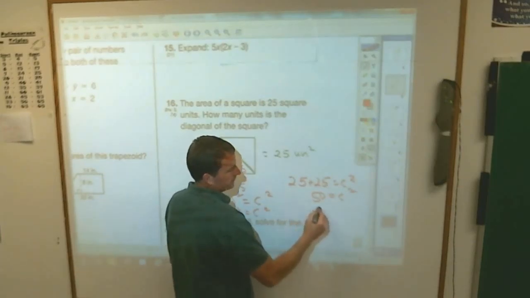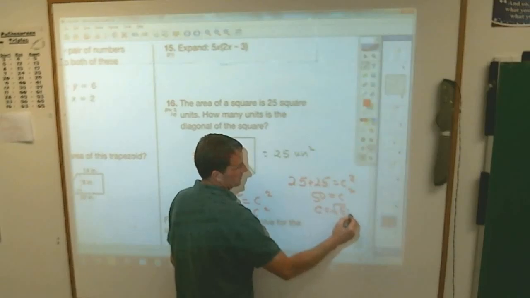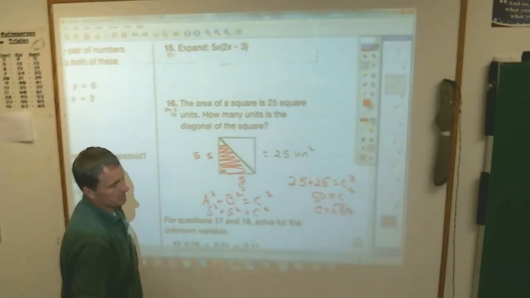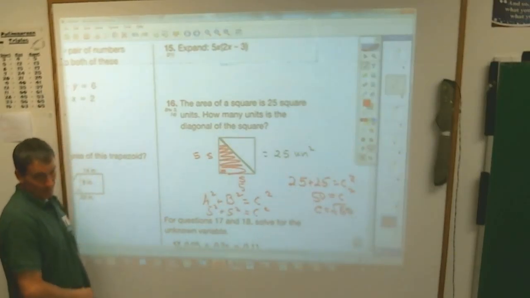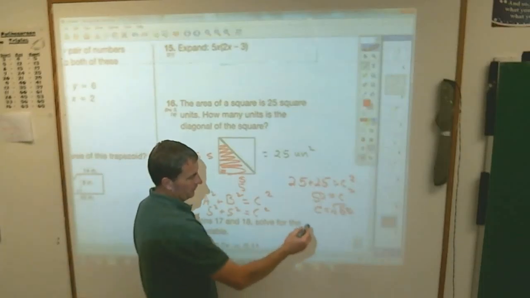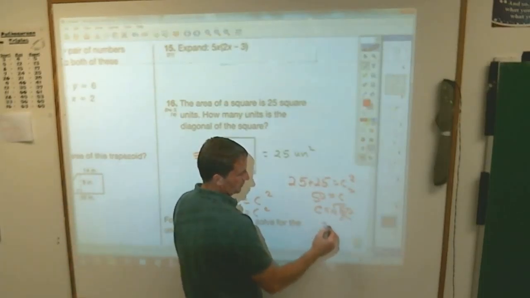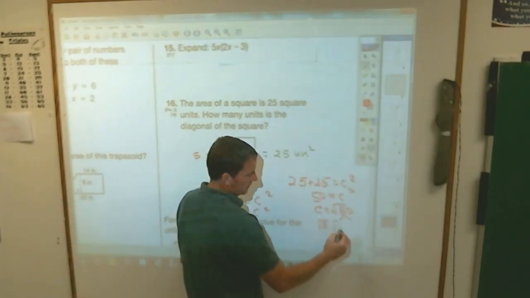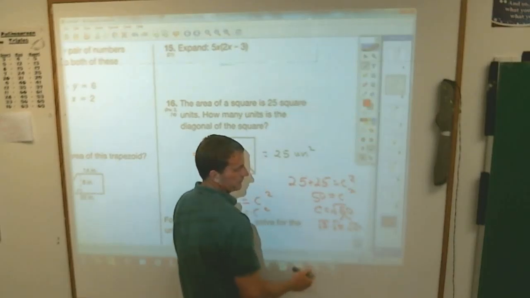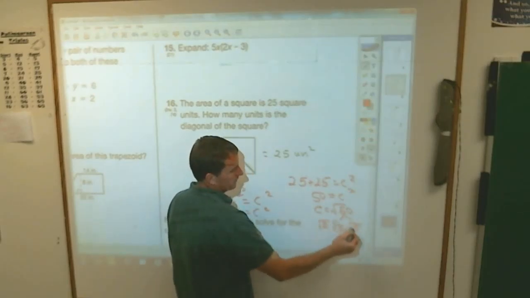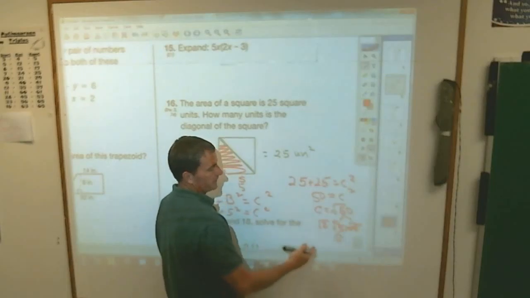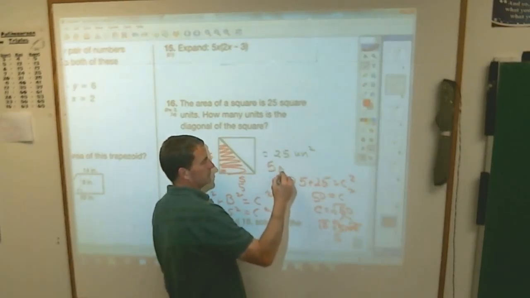Julie? Square root of 50. And unfortunately, if you put the square root of 50, you would be wrong because it's not simplified. You're going to have to break 50 down into 2 times 5 times 5, the square root of 2 times the square root of 5 times the square root of 5. And two square roots of 5 give you a normal 5. That's where the 5 times the square root of 2 comes from.